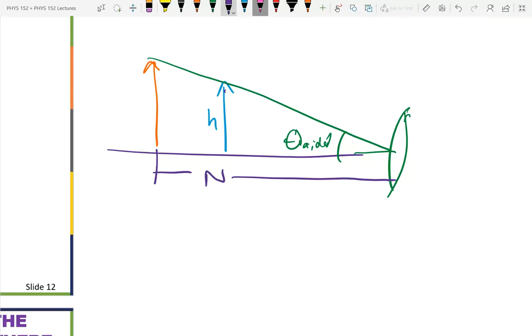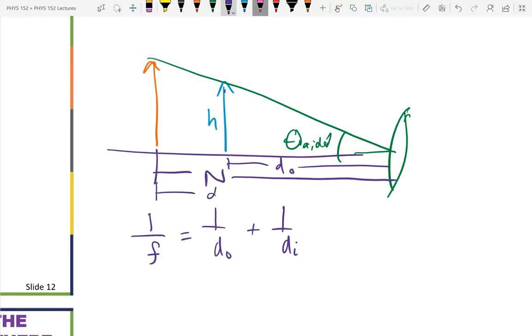What we do is we use the thin lens equation. Here's my distance object. Distance image is equal to minus n. Why is it minus? Yeah, it's on the wrong side of the lens, right? That's a virtual image.